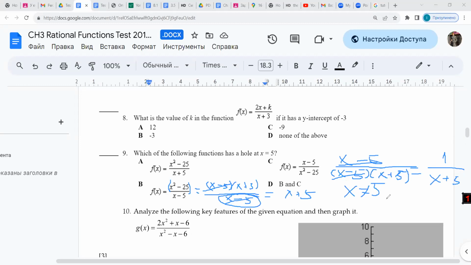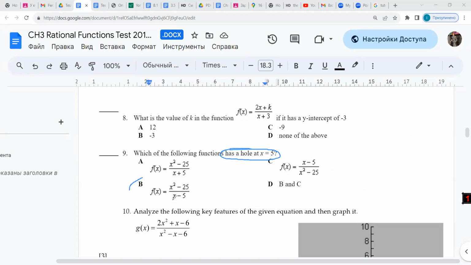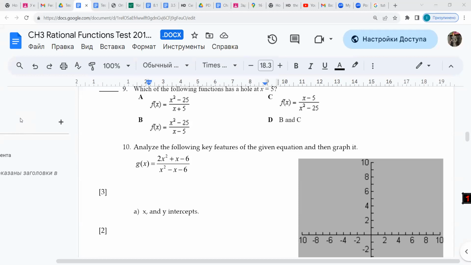And again, we shouldn't forget that initially we had x squared minus 25, and x equals 5 would give us 0 in the denominator. Thus, x does not equal 5 here either, which tells us that these two functions, B and C, are going to have a hole at x equals 5. So the answer would be D, B and C.